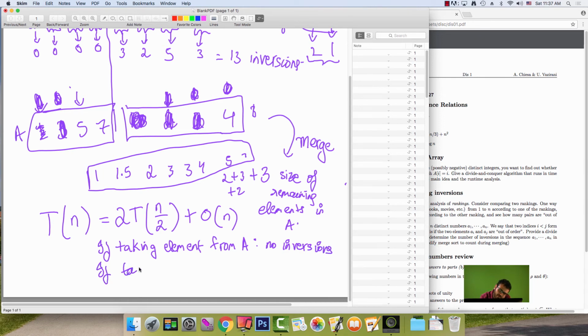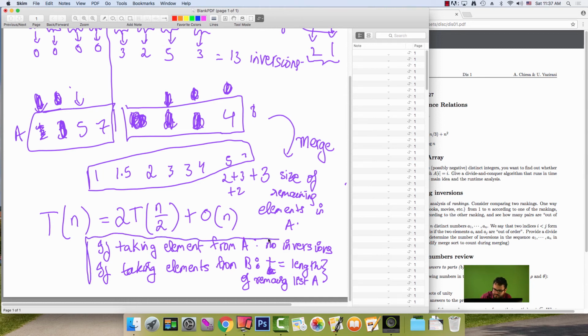If taking elements from B, then add plus equals the length of the remaining list A. This is the number of inversions we've added, because, for instance, when we consider this 4, the length of the remaining A is 2, and so that means we had 2 inversions. So this is our final algorithm, and you can justify this.